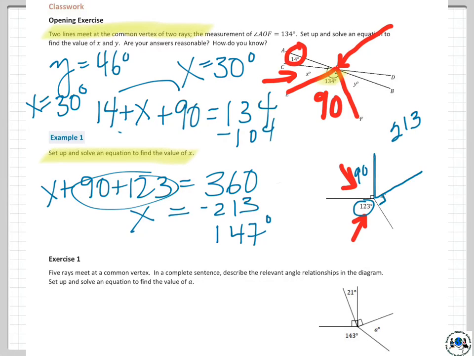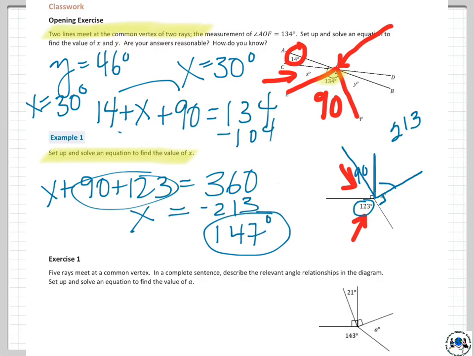This is not completely 90 degrees, but it would be about a 57 degree angle here. Okay, it's more than half of 90. So yeah, that makes sense. So x would equal 147. And I wonder who got it out there. I hope many of you did.